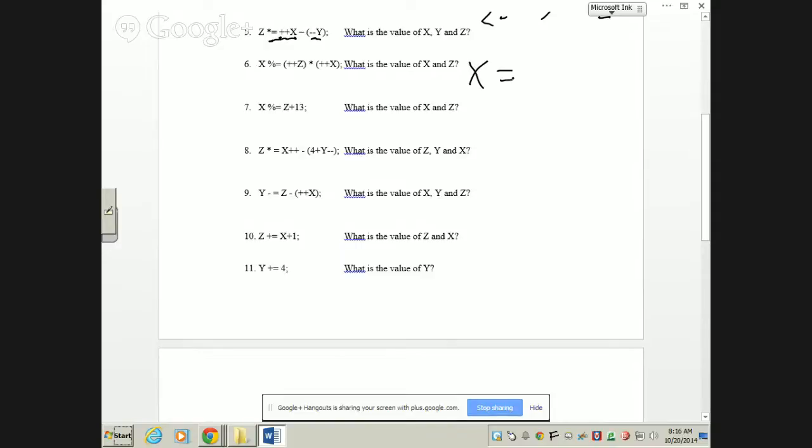So x is equal to the initial value of x, which is 6, modulus this whole thing. We have plus plus z times plus plus x. So z started out at 11, so that means this is 12 times, and x started out at 6, so that means this is 12 times 7.